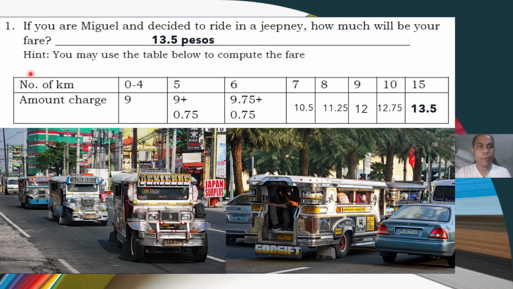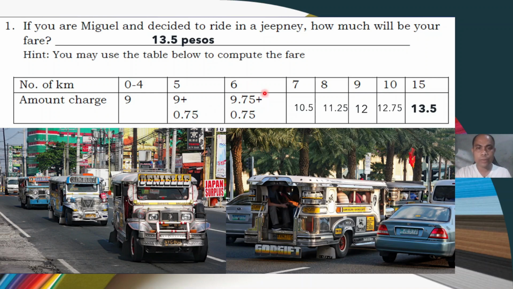Now, remember our problem, you're going to pay 9 pesos for the first 4 kilometers. So, magdungag na lang ka og 0.75 centavos for additional kilometers. So, magdungag ta, halimbawa, kung 5 kilometers na, so that is 9 pesos plus 0.75, that will be equal to pila man? 9.75.